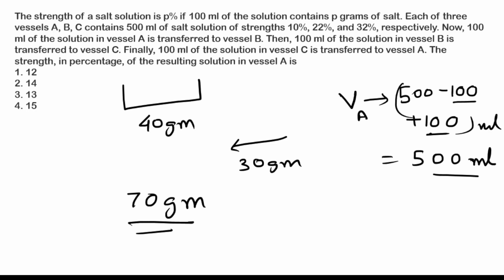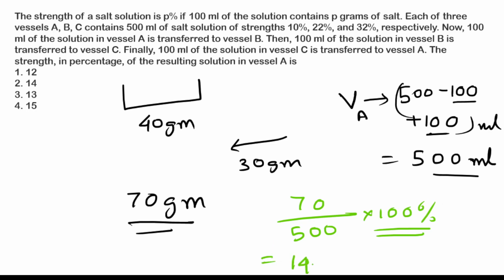What is the strength? The strength is 70 by 500 into 100%, because we want it in percentage terms. So this is 14%. If you calculate it, it will come out to be 14. So this option is the right solution here.